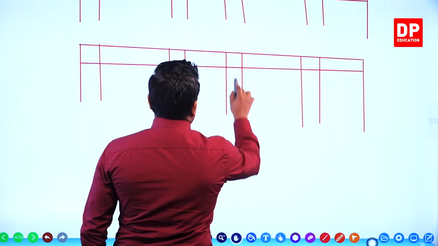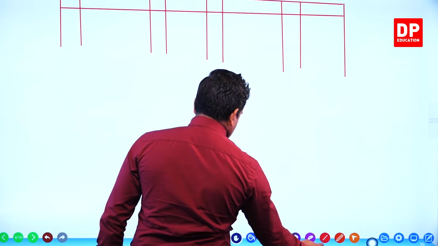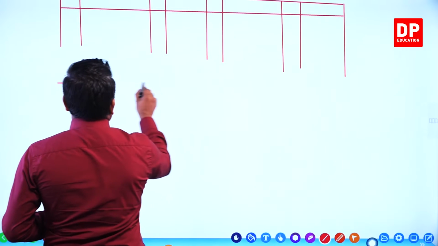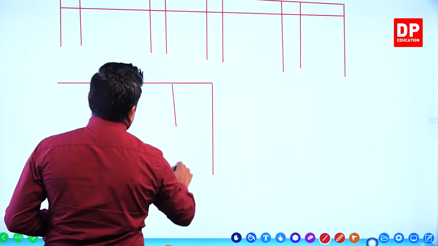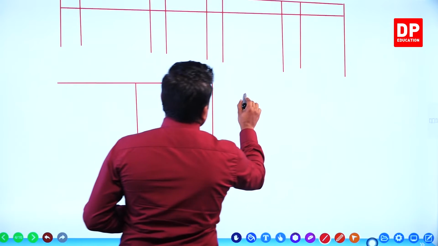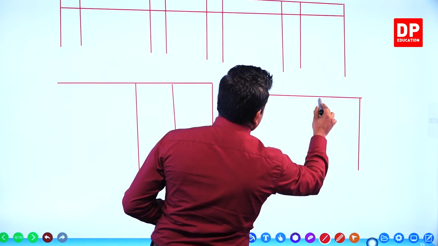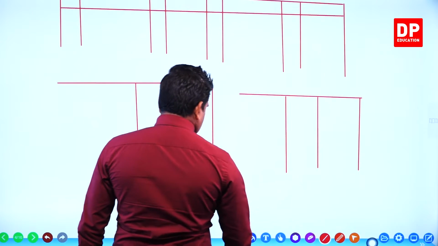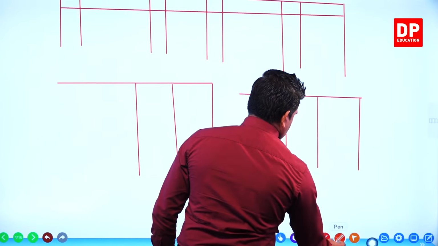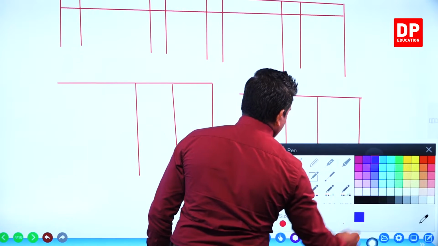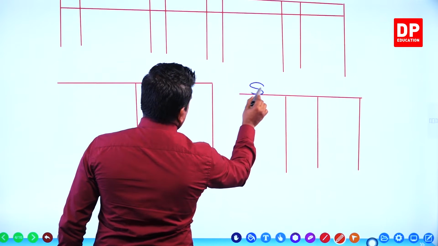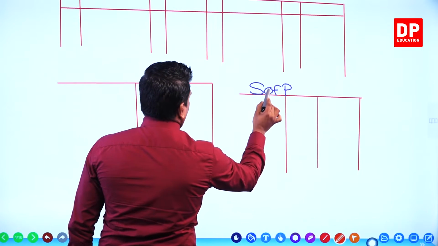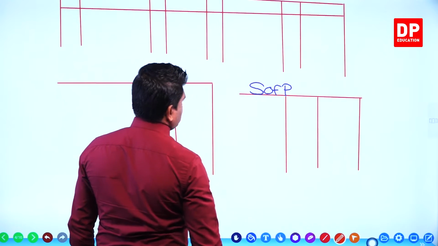Then we need what? Extract of financial statements, profit and loss, and statement of financial position. Profit and loss statement. Other one is statement of financial position. Here actually we use what? Only the part of the profit and loss statement and part of the financial statement, means statement of financial position, SOFP, right?